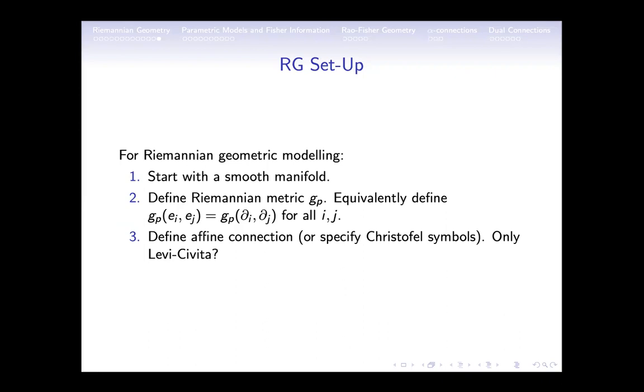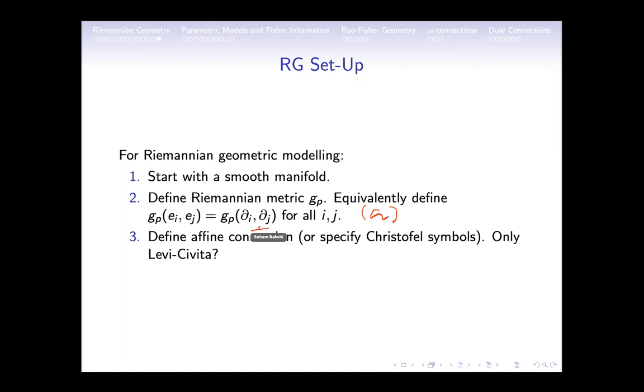To sum up, to model something in the Riemannian geometric sense, we start with a smooth manifold and then define the Riemannian metric G_P. At each point, you are defining an inner product, a symmetric, positive definite bilinear form on the tangent space at P. Or equivalently, you can define the metric on the basis vectors: we find some matrix G of elements Gij, where Gij is just this.